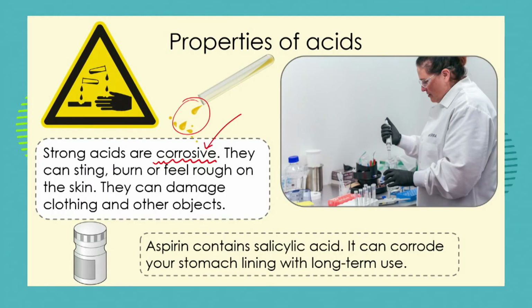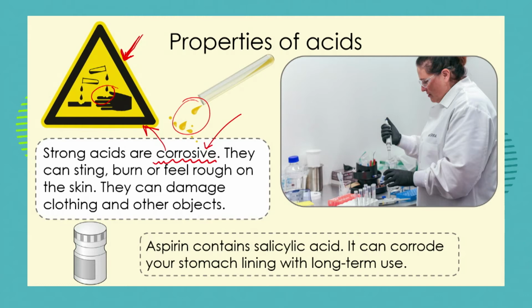So strong acids are corrosive. And if you ever see a sign like this one on a substance, then you need to understand that it's warning you that the substance inside the container is corrosive. If it is spilt on your hands, it can hurt you. If it's spilt on other objects, it can eat away those other objects.